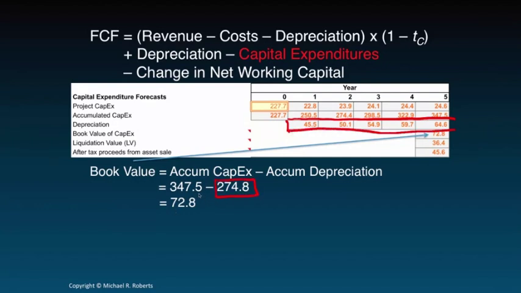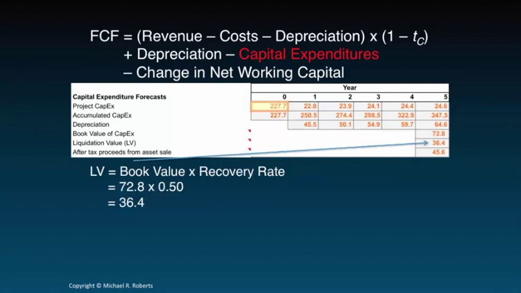The difference between the accumulated CapEx and the accumulated depreciation is the book value of the assets, or $72.8 million. Now, I'm going to assume that I can't sell that on a dollar for dollar basis. Rather, I'm going to have to sell it at a discount, 50 cents on the dollar. And so the liquidation value, the money I can actually get for it, which is different from the book value, is assumed to be $36.4 million.